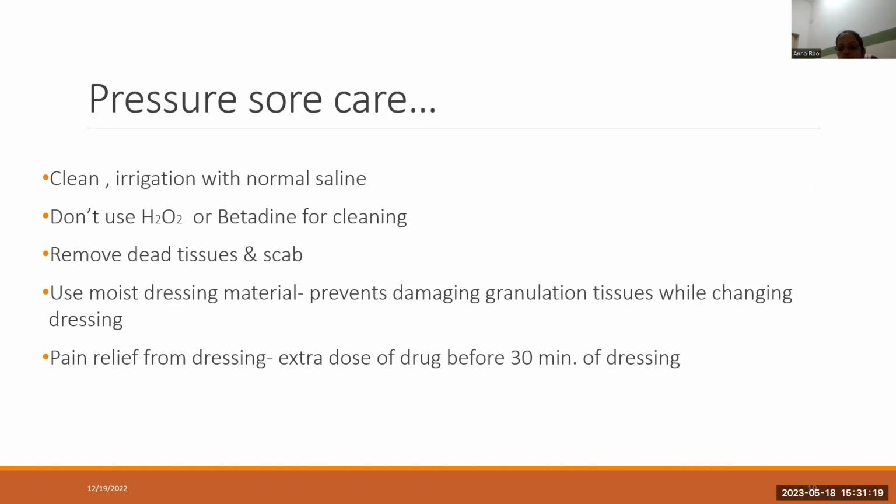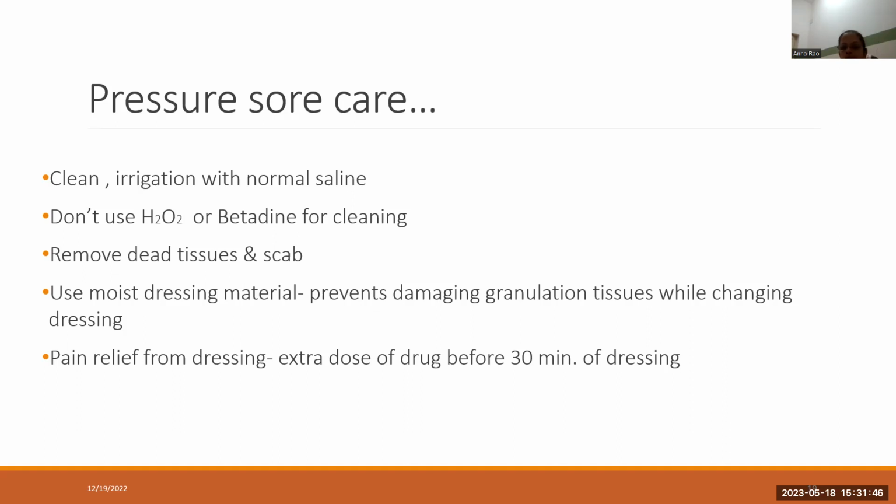Okay, so you have to ask the patient to take a good bath before dressing, so that we can take off the old dressing very well because it has become moist, and without damaging any granulation tissue, we can do cleaning also. So moist dressing is good.